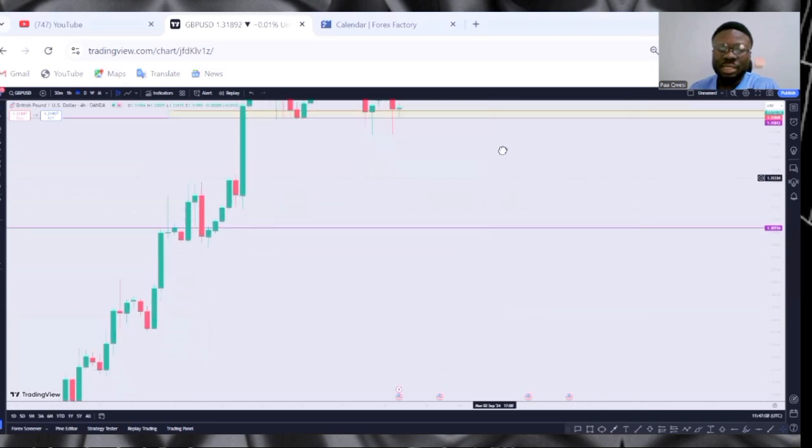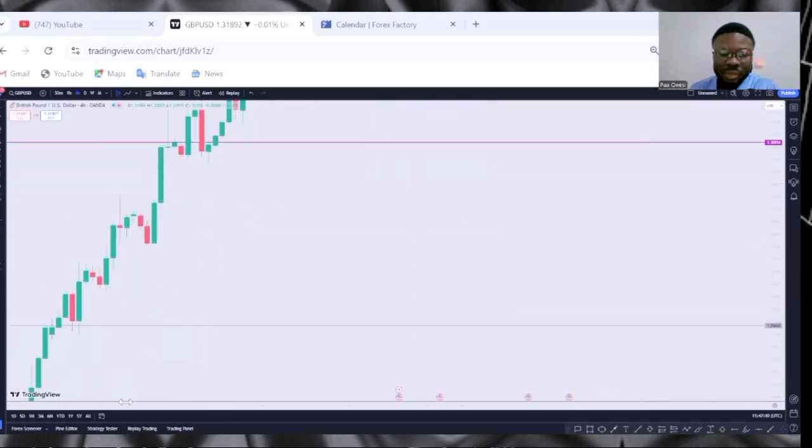When you talk about the setup, this is how the market moves. The market moves in waves. It moves higher high, higher low, higher high, higher low. Okay, uptrend.